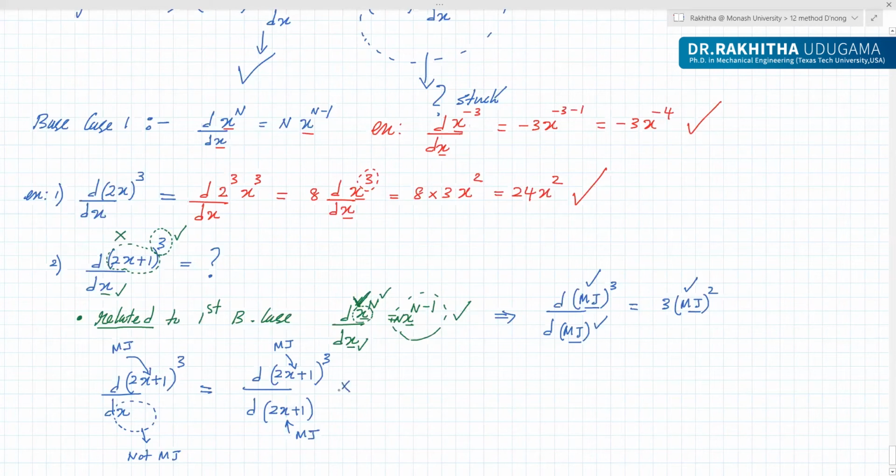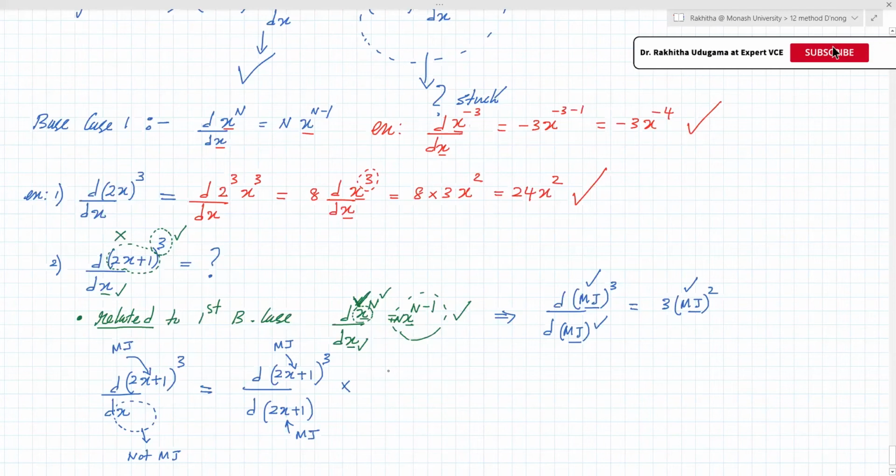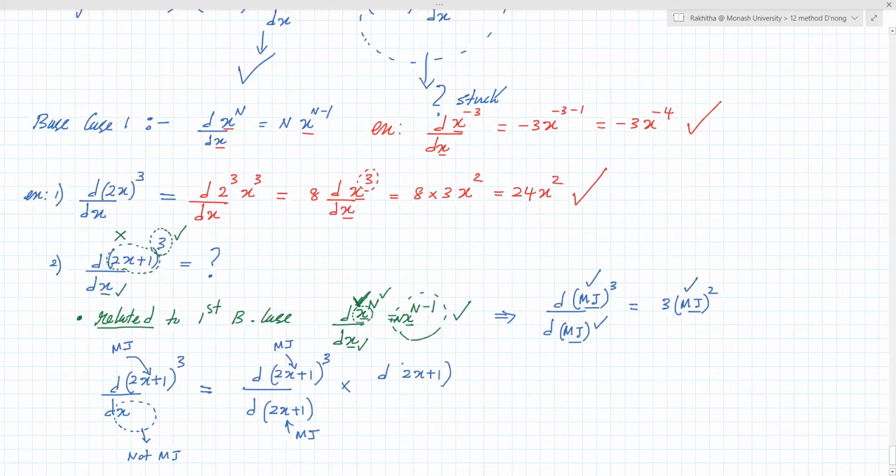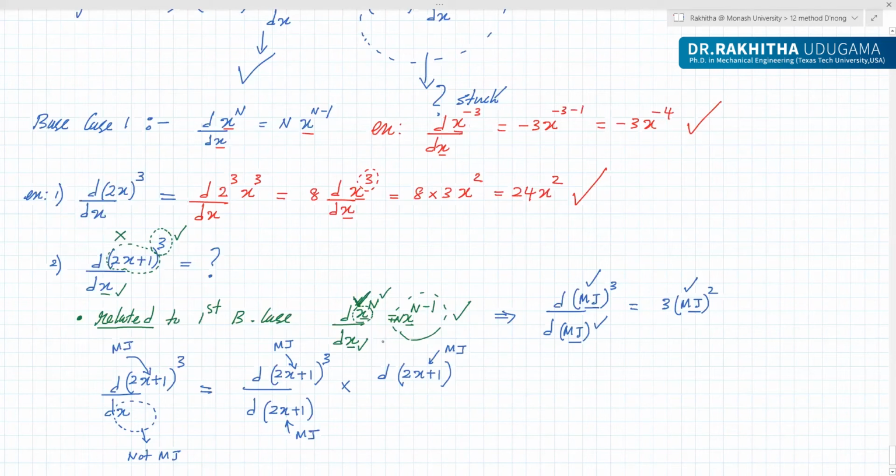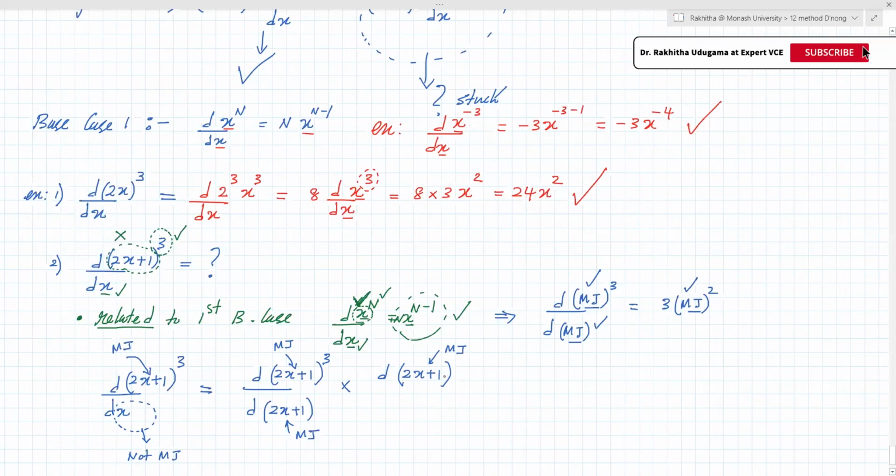What I will do, if I did something extra, I have to cancel it. See, I'm going to cancel MJ. You see that? This part is going to cancel with this. So then essentially it seems I didn't do anything, right?